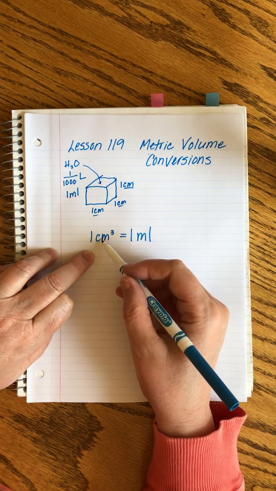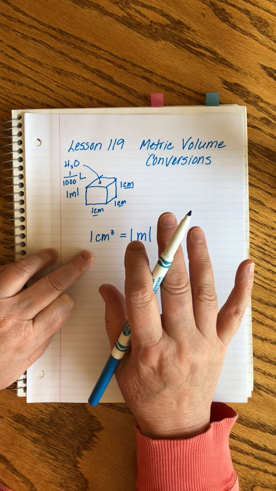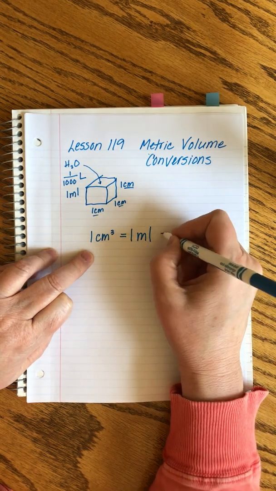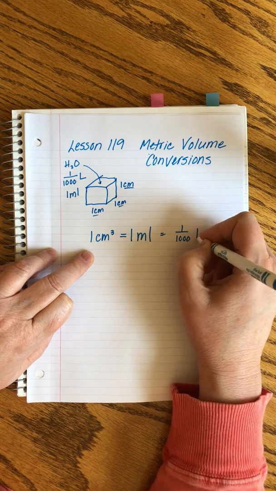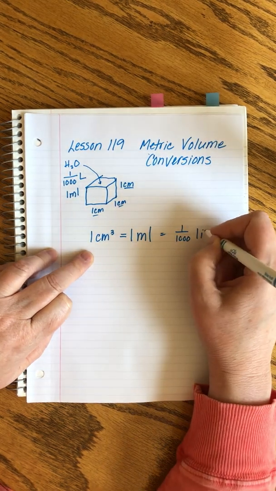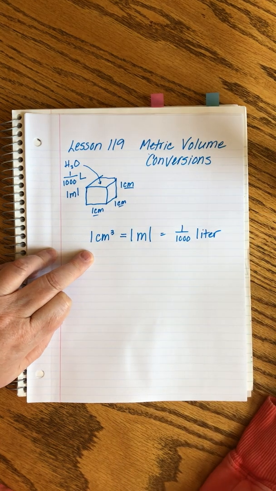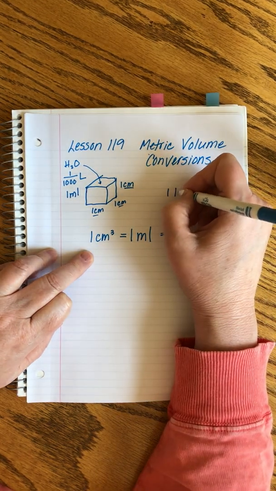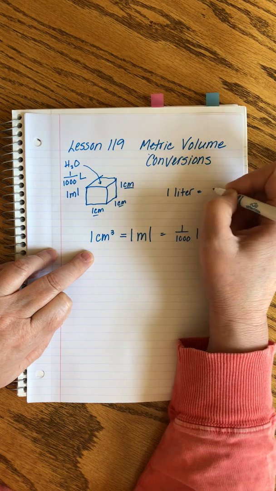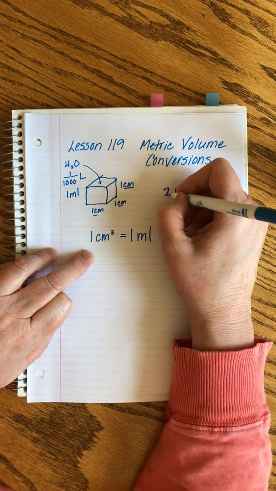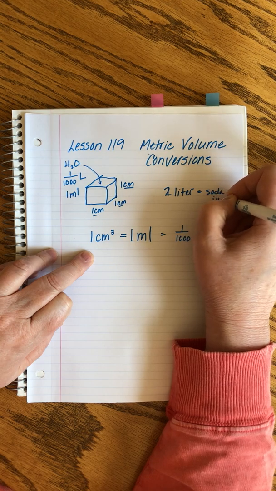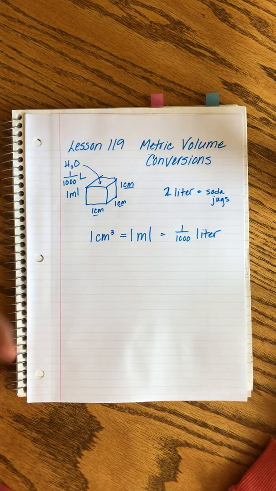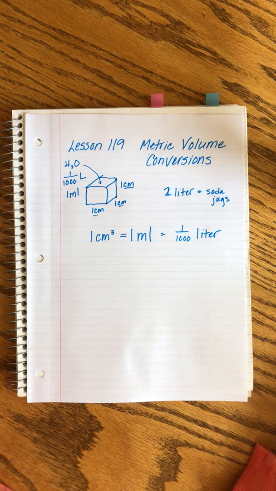And that equals 1/1000th of a liter. I better write that out because it looks like a 1. And remember that 2 liters equals one of those big soda jugs, like the big bottles of pop that you get for parties or whatever, right? So that helps you visualize it, all right?